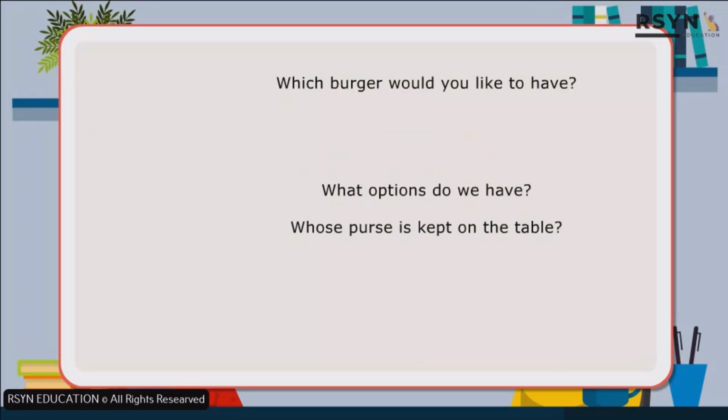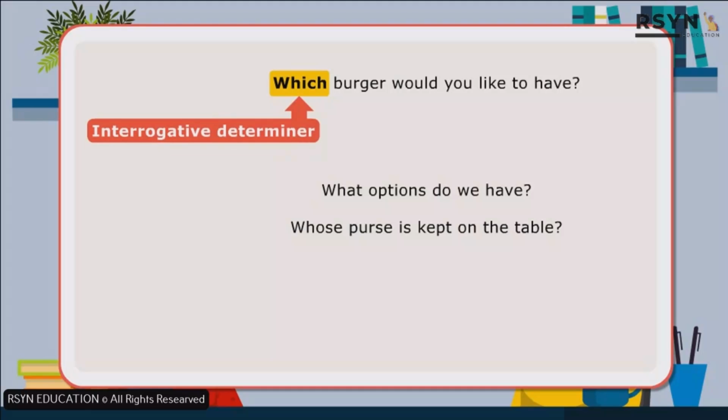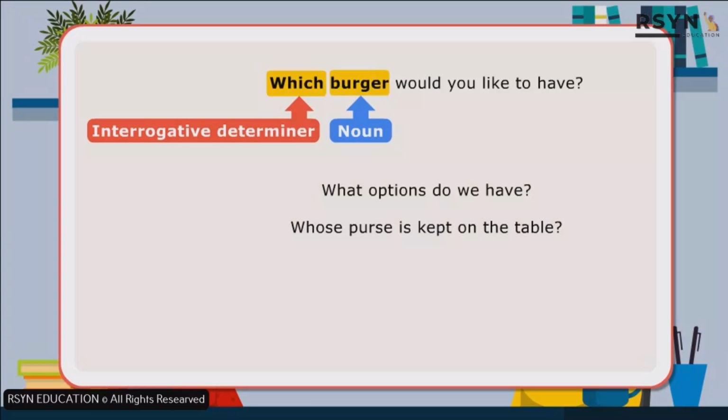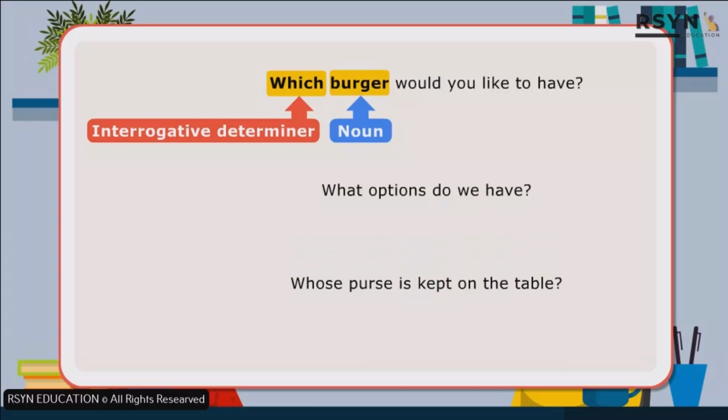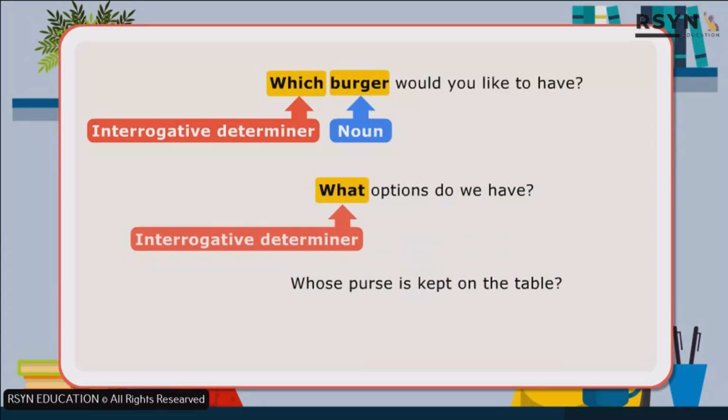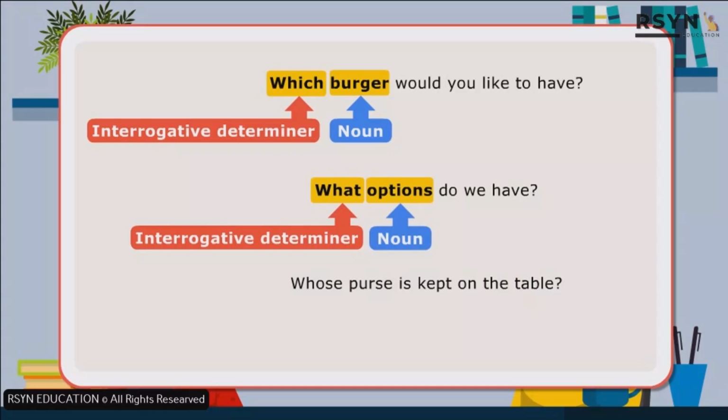In the first sentence, which is an interrogative determiner, since it asks something about the noun burger that follows. In the next sentence, what is an interrogative determiner, since it precedes the noun options and asks a question about it.